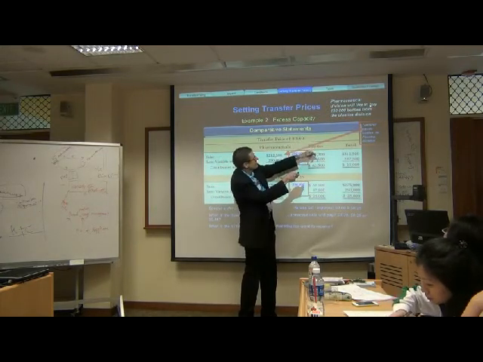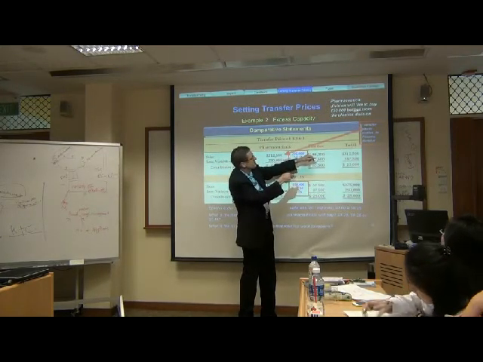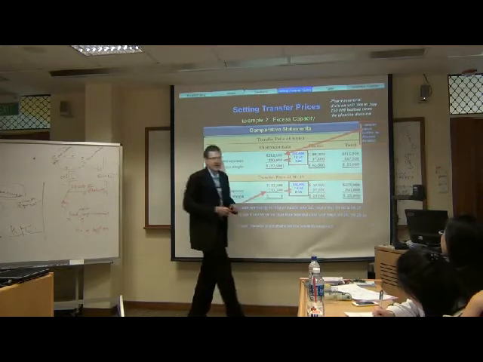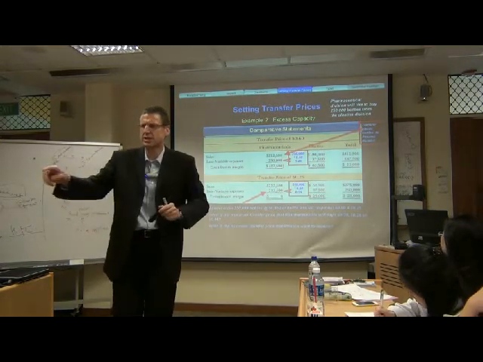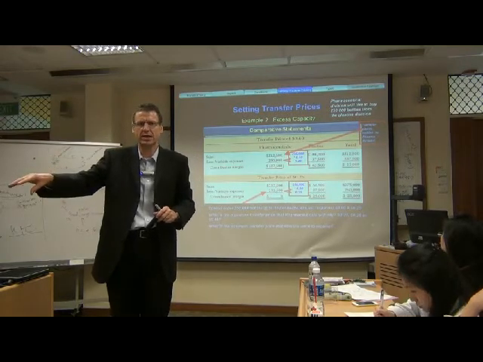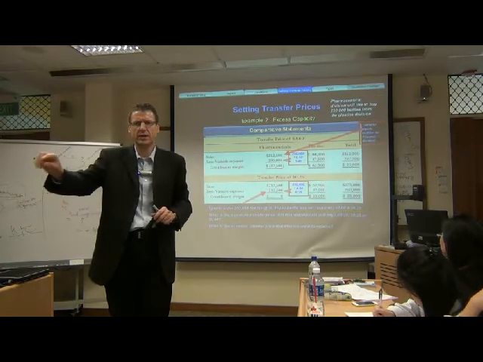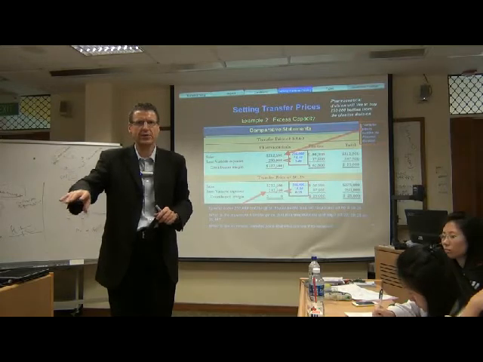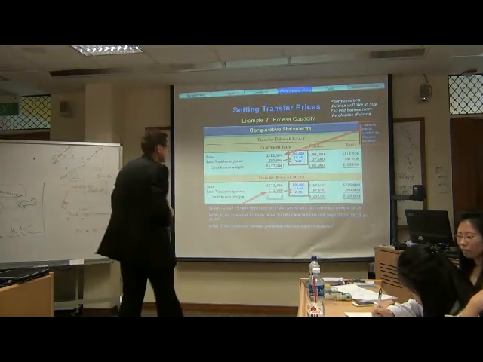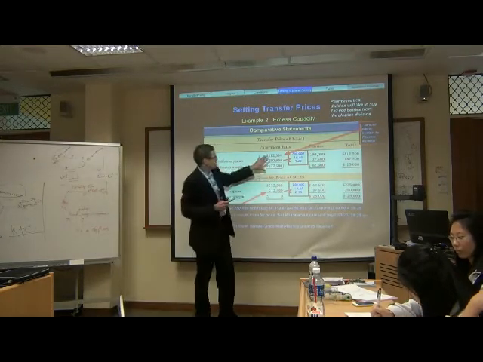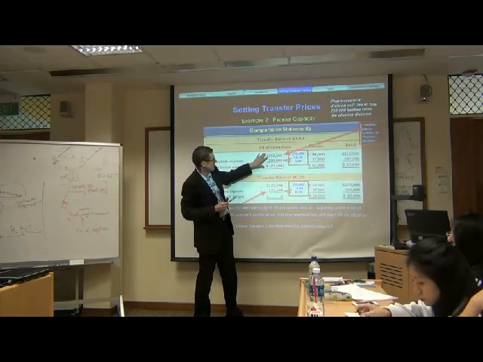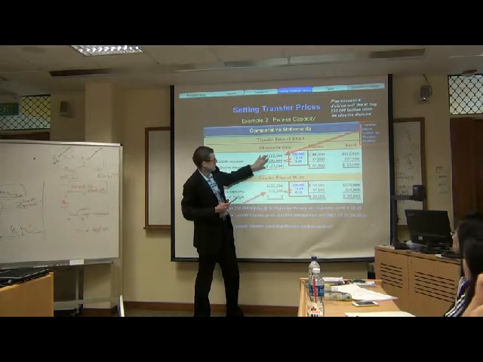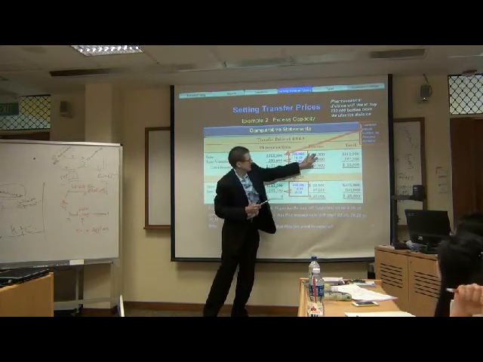Pharmaceutical division would like to buy 250,000 bottles from the plastics division. Okay? What I want you to do is just take 20 seconds to just have a look at the two divisions and the data. Remember, here, pharmaceuticals is wanting to buy 250,000 bottles from the plastics division.